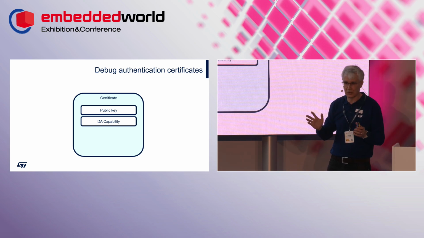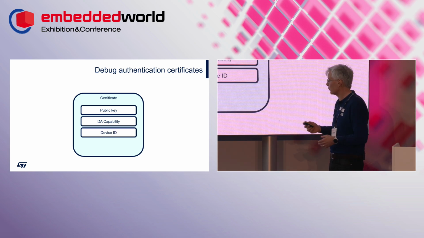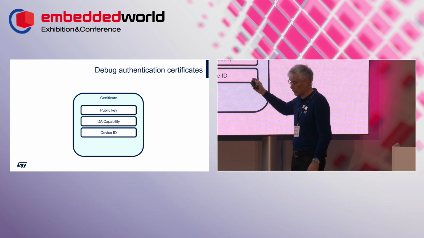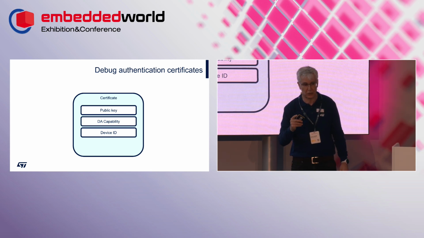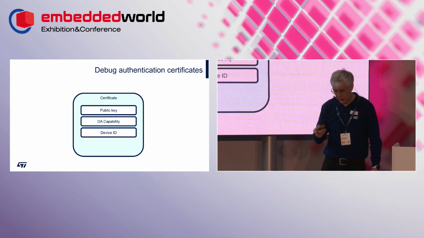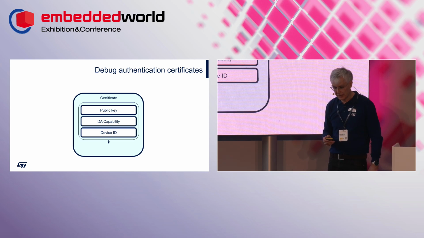It's up to you. One very important point is that you can put the device identifier of the device you want to reopen. And you will see just after how powerful it is.